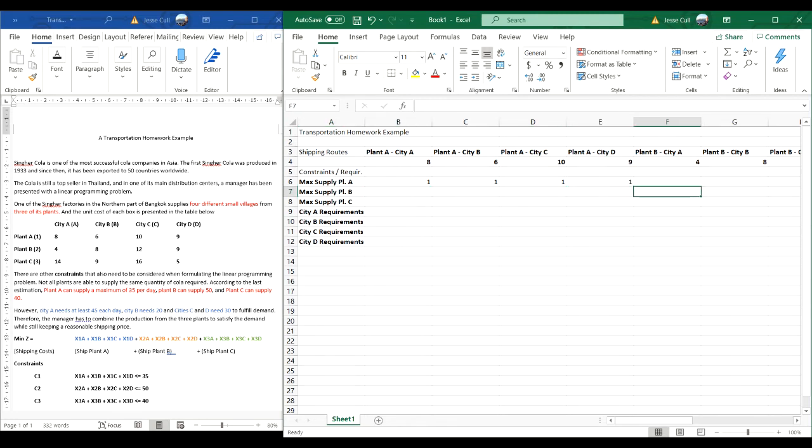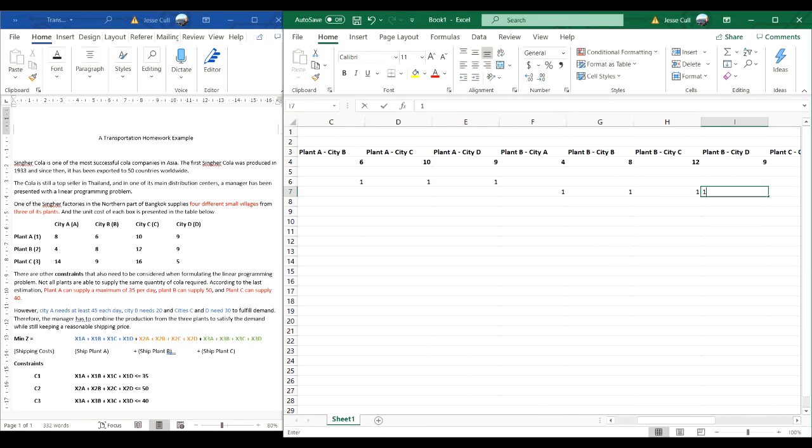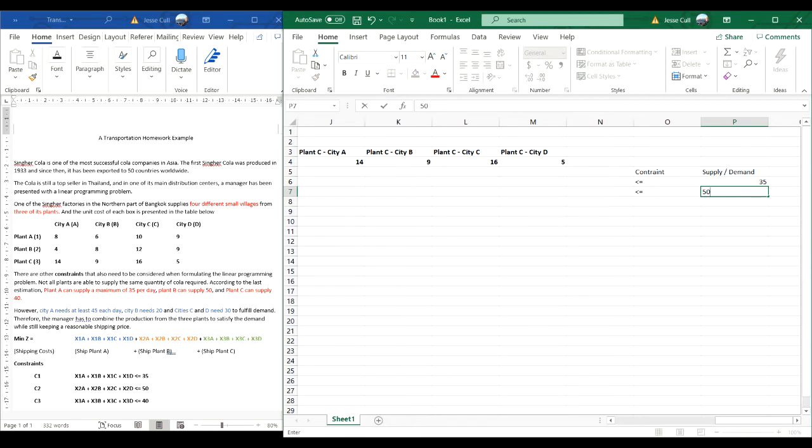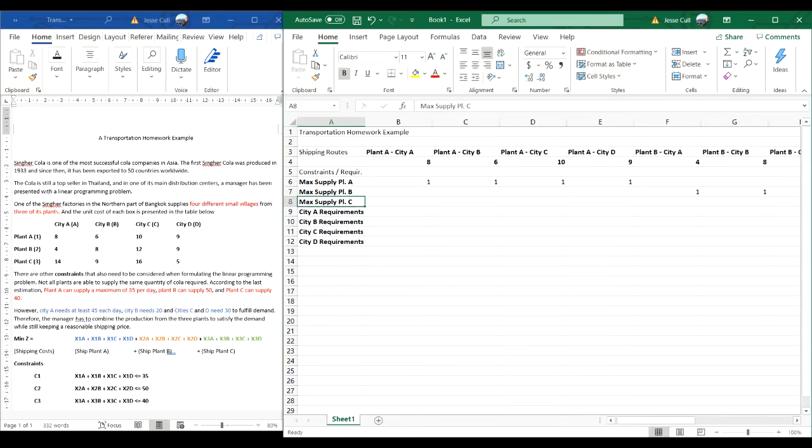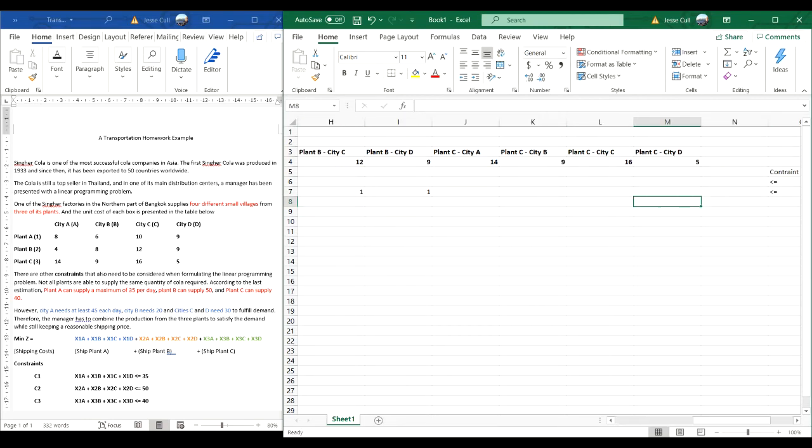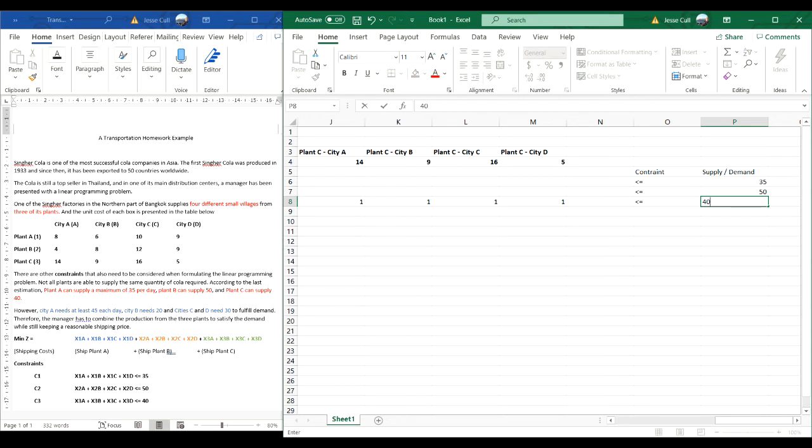We know that x2a, plant B to city A, plant B to city B, plant B to city C, plant B to city D, must be less than or equal to 50, because that's how many they manufacture. And the last one, maximum supply at plant C, must be less than or equal to 40. That's how many they produce at plant C.